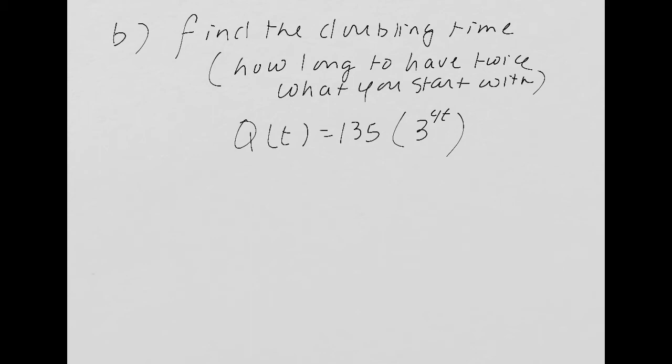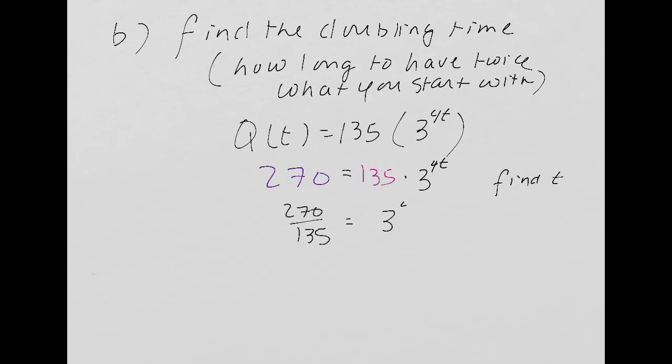And so for doubling time, we're saying when do we have 270? And I'm going to just kind of color code. So if you want to flip through the slides, you can see how the different colors are relating to the various points on the graph. So now my job is find t. Okay, I'm going to start and I'm going to divide both sides by 135. So 270 over 135 is 3 to the 4t.